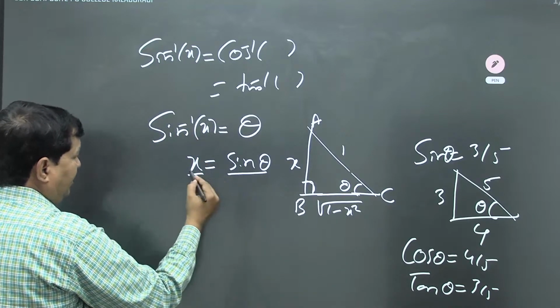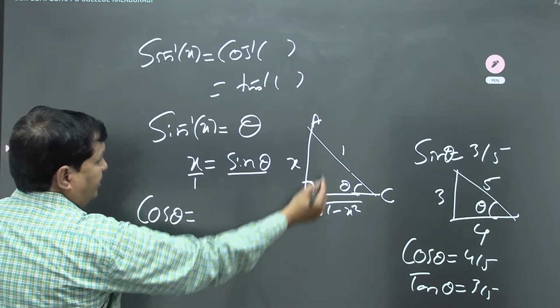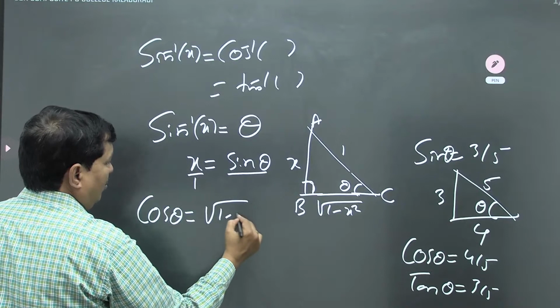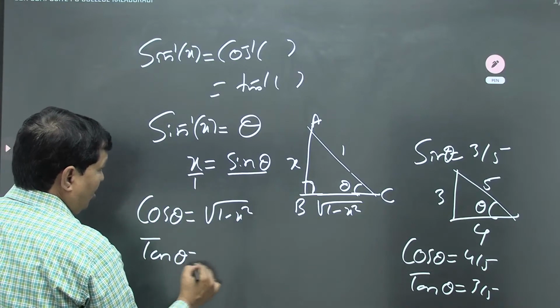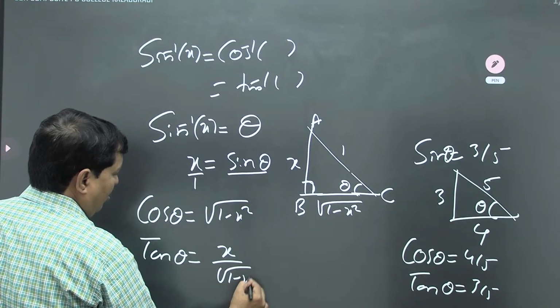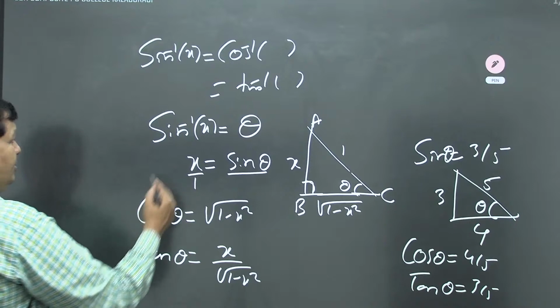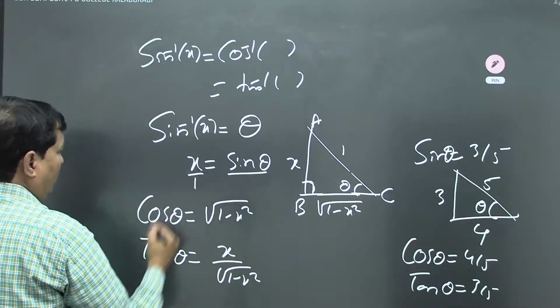Therefore, sine theta equal to x means cos theta equal to what? Adjacent side by hypotenuse. Okay, tan theta equal to what? Opposite side by adjacent side. See, sine inverse of x equal to theta and sin theta equal to x.